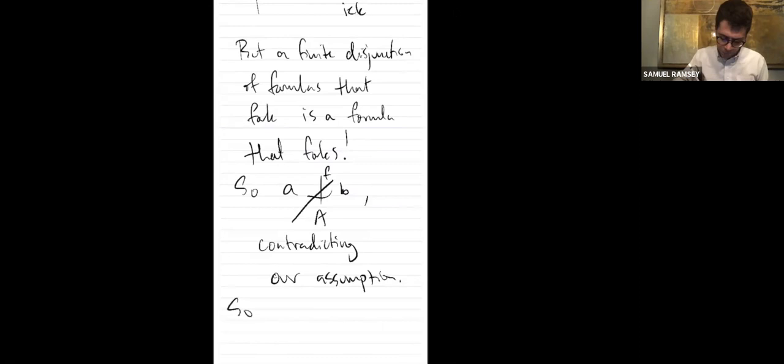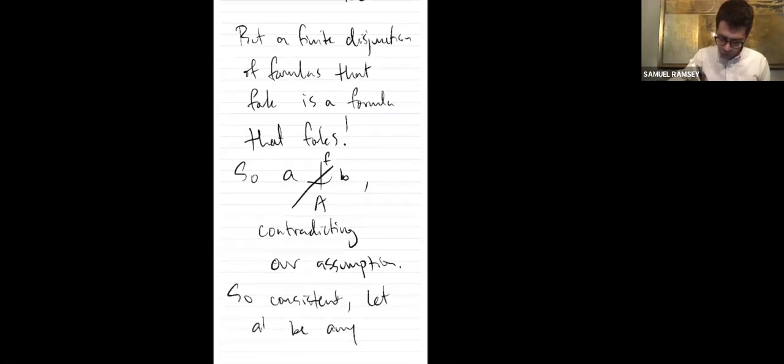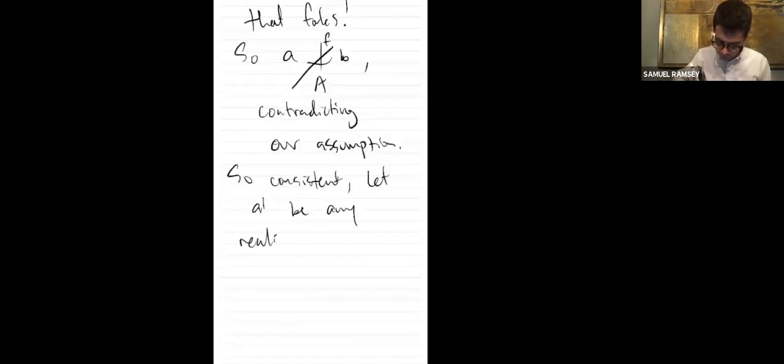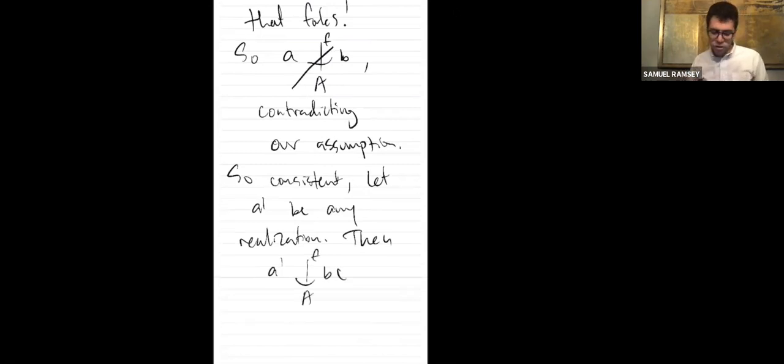So the type is consistent. Let A prime be any realization. Then A prime is of course independent, not just with B, but with C, because we've negated all the formulas that fork.